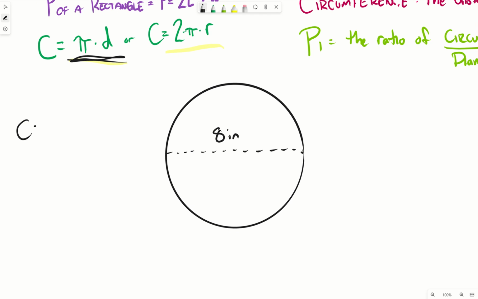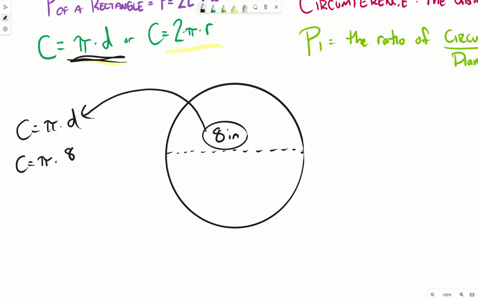Circumference equals pi times diameter. I know my diameter, so I'm going to plug that in where I know it. Circumference equals pi times 8. And I know pi is 3.14. Circumference equals 3.14 times 8. I'm going to multiply those together, and I'm going to get circumference is somewhere around the ballpark of 25.12.